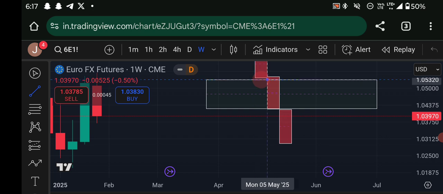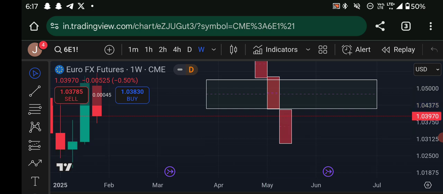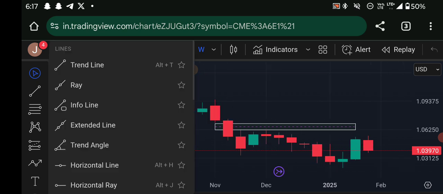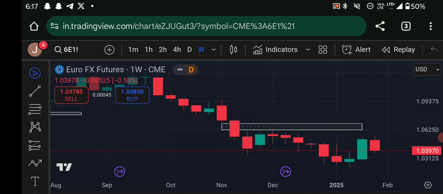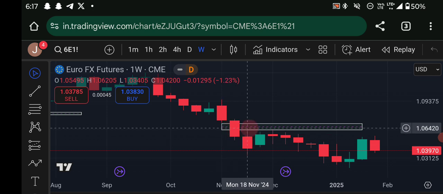In this, there was no buy side delivery. In this candle we can see that here there was no sell side delivery and buy side delivery here.